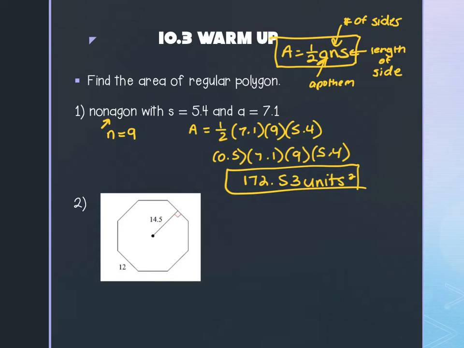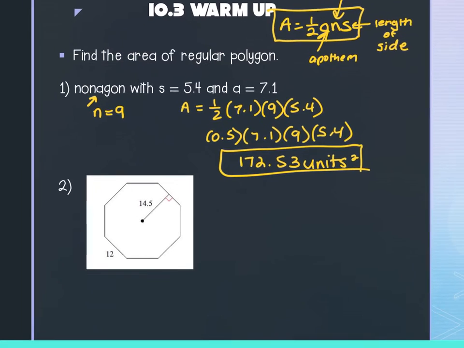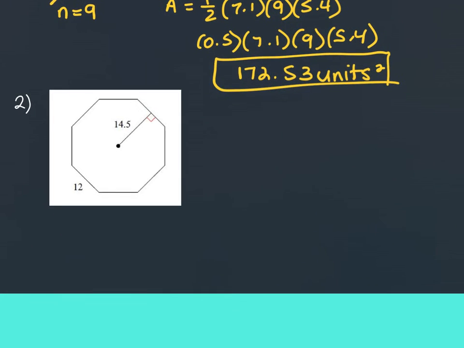All right, so hopefully something like that is easy stuff because it's actually written out. It gives you A, it gives you S, and you just have to find out what N is. Number 2 is the picture, so from the picture, we have to figure out what part is what. It's still the same formula, 1/2 ANS. The A is going to be the perpendicular segment, the segment that goes from the center to the side perpendicular, which means 14.5 in this one is A. So 1/2 14.5.